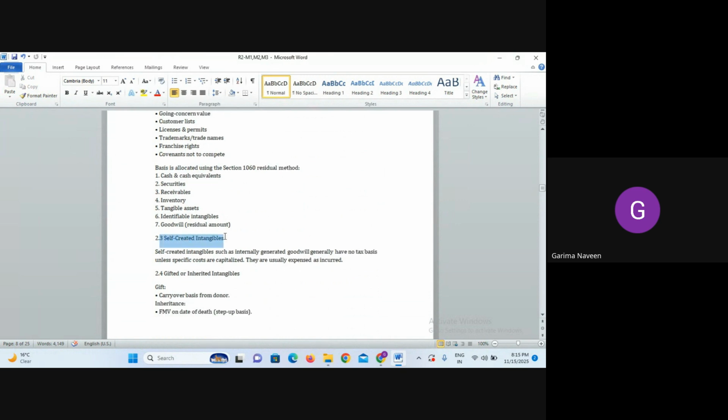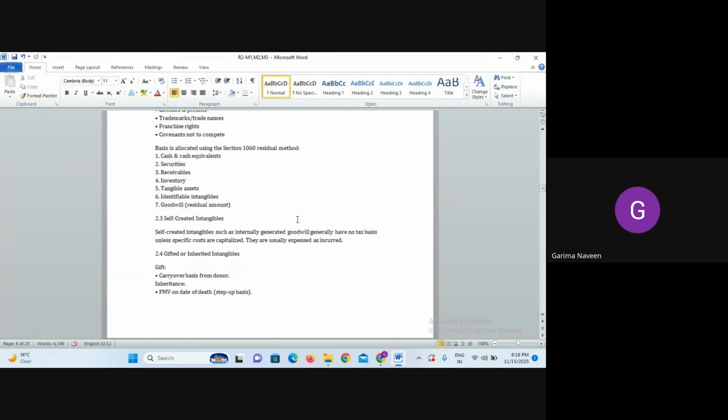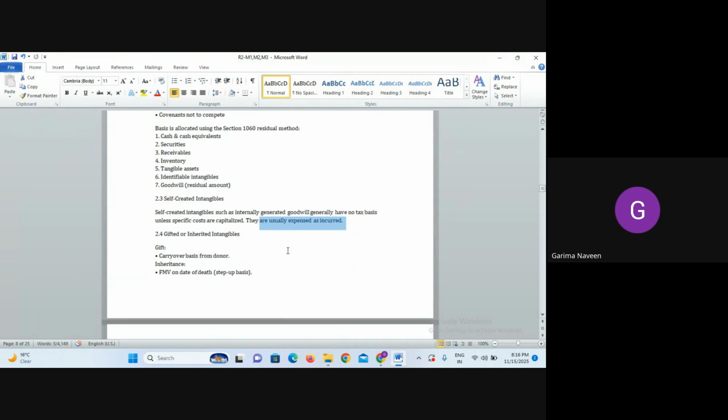Next is if you have some self-created intangible. For example, you have some goodwill which you have internally created. In that case, this will generally have no tax basis unless specified costs are capitalized. So if you have an intangible which you have self-created, then some of the costs might be capitalized, but otherwise they do not have any basis, and generally they are shown as expenses in your income statement.